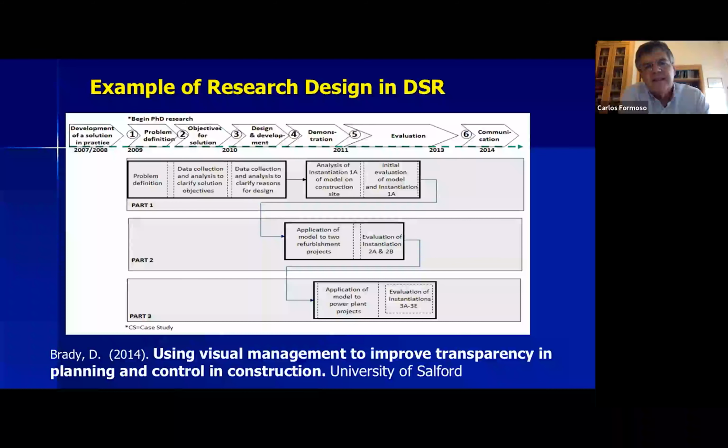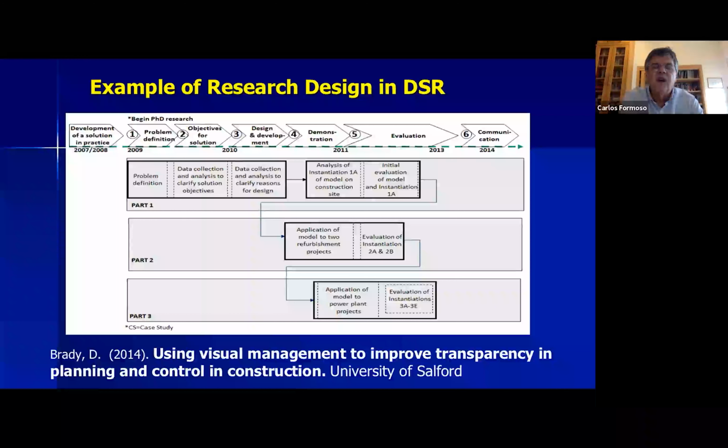The fact that Denise worked for a company, a project management company that devised a planning and control model, right? Which was very much based on visual management, right? And it has some similarities to the last planner system, but it was a different planning model.